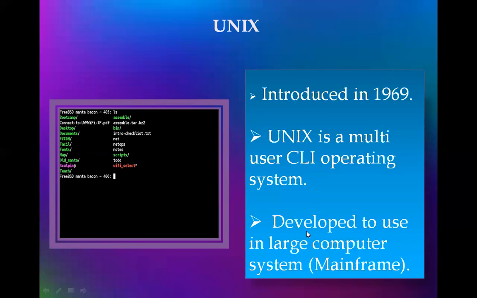Unix was developed for large computer systems like mainframe computer systems. Why was it developed for large computers? Because the Unix operating system allows multiple users to perform their tasks within the operating system. That's why this operating system was developed for large computer systems.